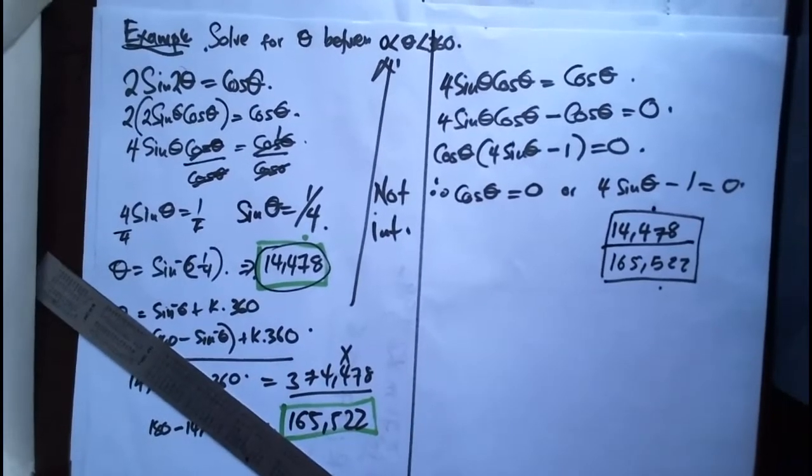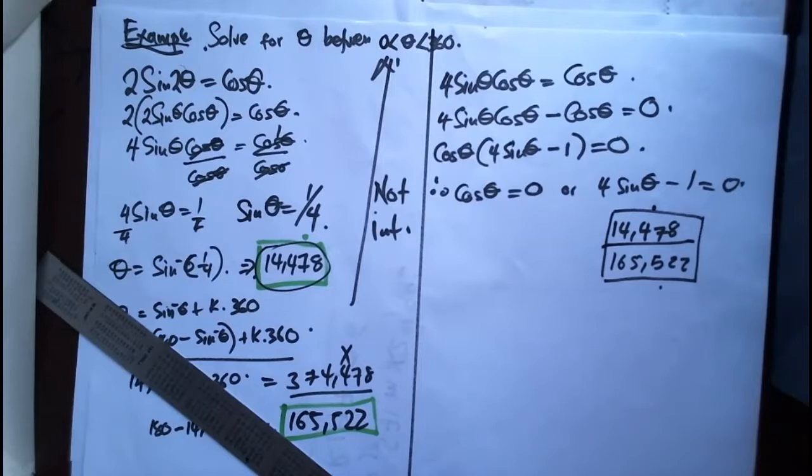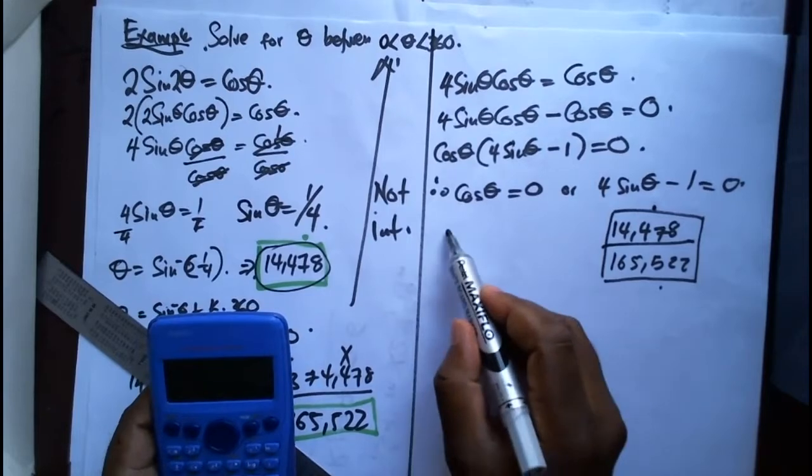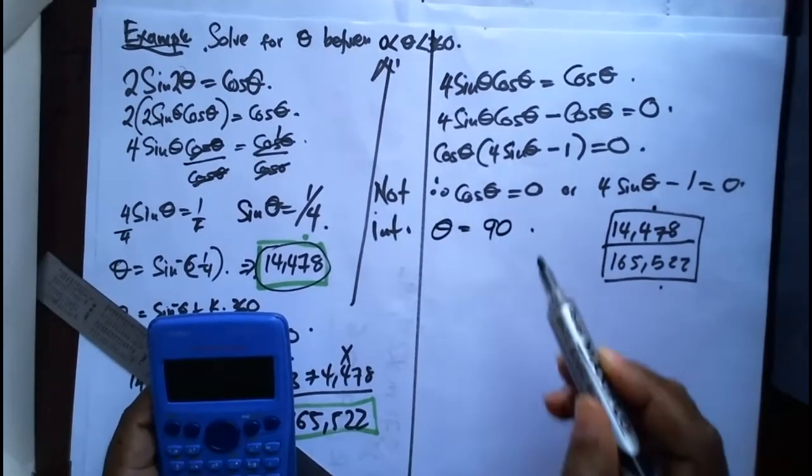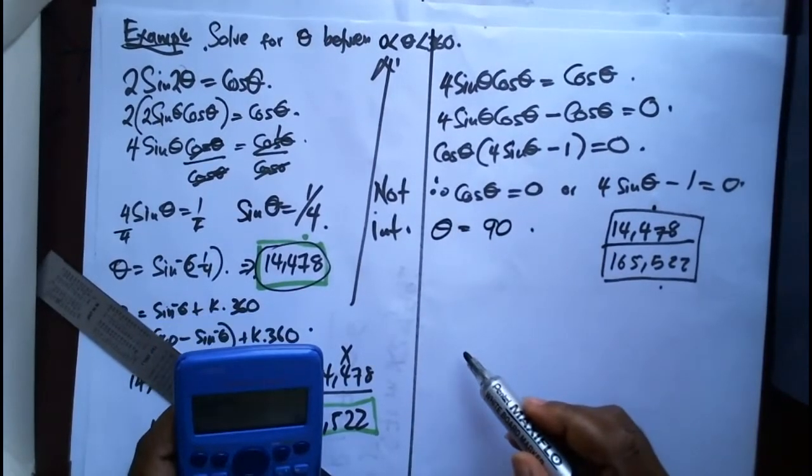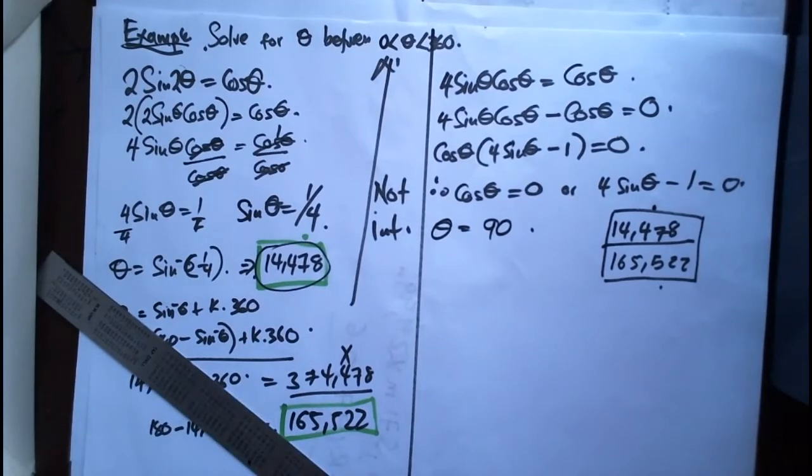Okay, we can also solve it. Shift cos 0 is 90 degrees, so theta is equal to 90 degrees, right? But remember, we also have another one. I'm going to quickly share.